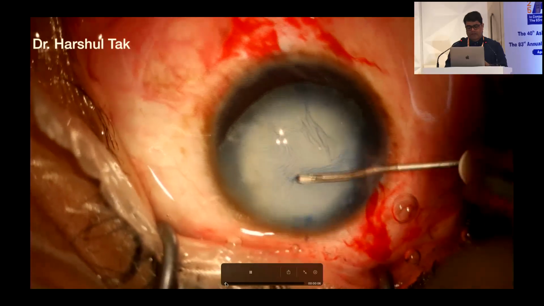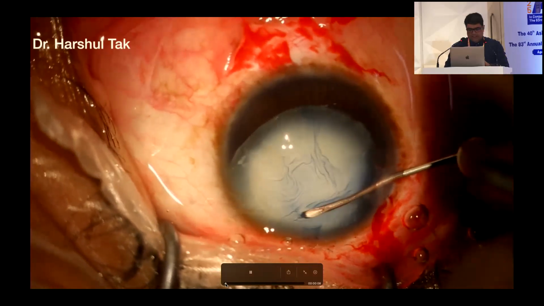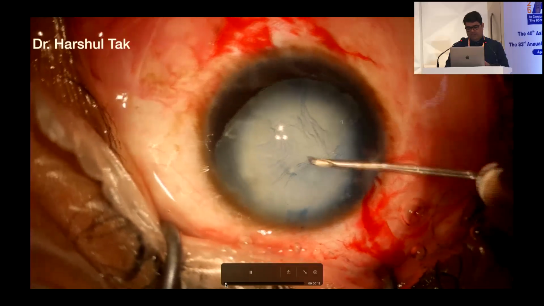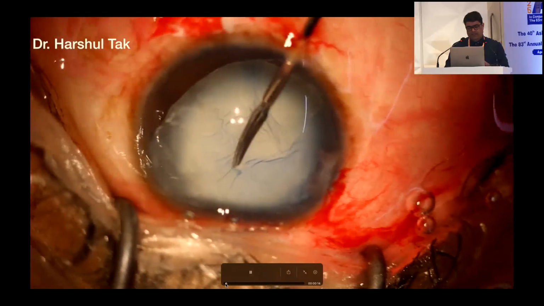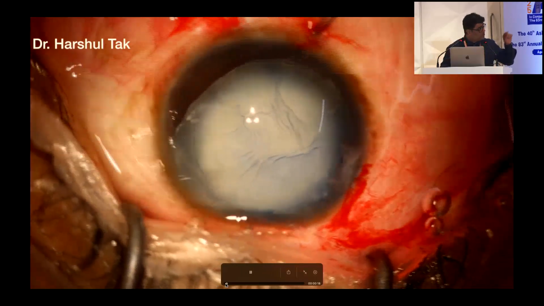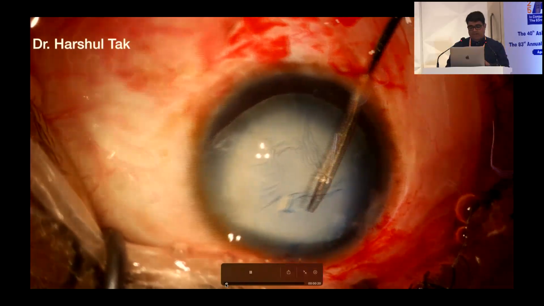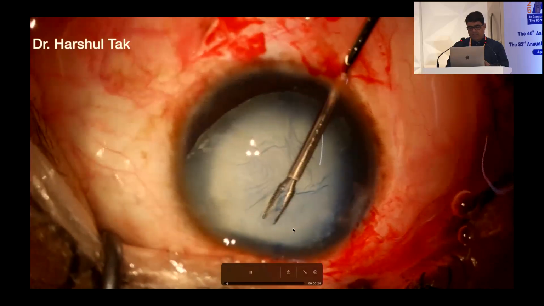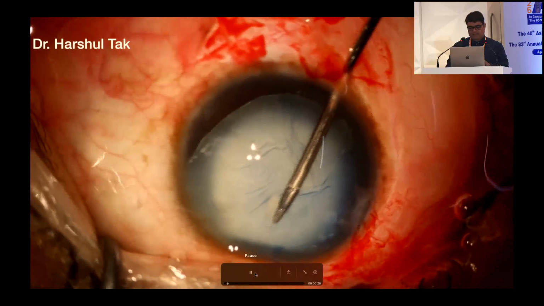Whenever you are dealing with a fibrotic capsule like this, it's really difficult to make a capsular axis. So remember, through the fibrotic area you need to cut with micro scissors, so you need to go through different ports. When I reach the area of non-fibrosis, I try to fashion the capsular axis using forceps.